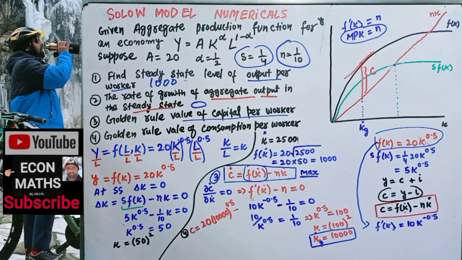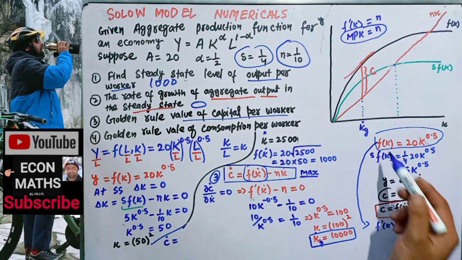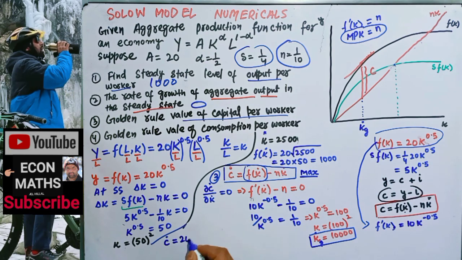So the golden rule value of consumption per worker will be equal to f(k) minus nk. In place of k we have this golden rule value of capital, that is 10,000, raised to the power 0.5, minus the population growth rate, which is 1/10, times k, again 10,000.